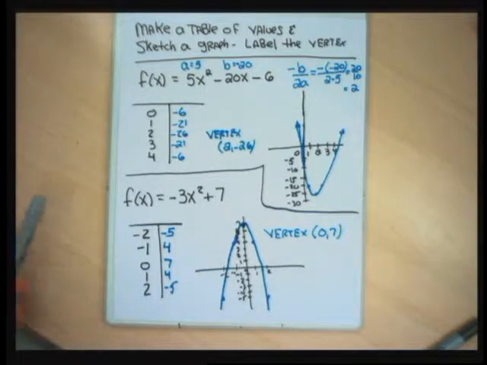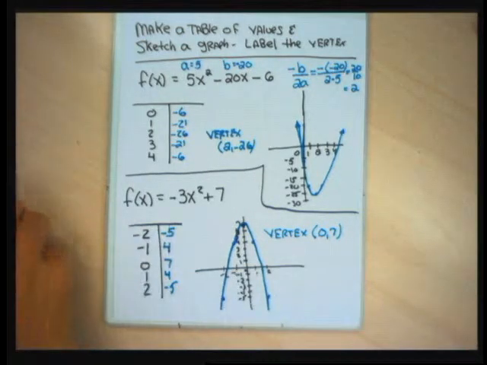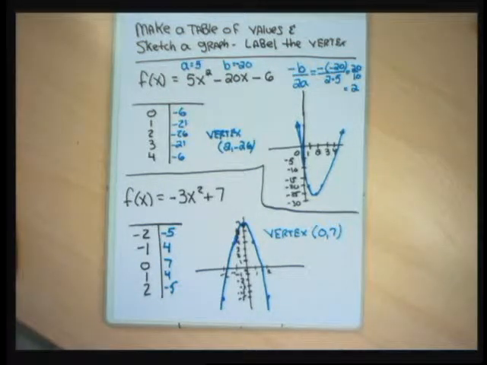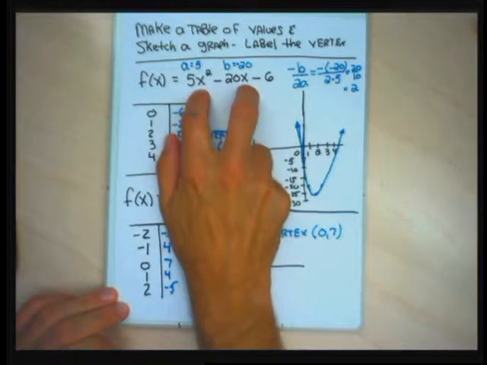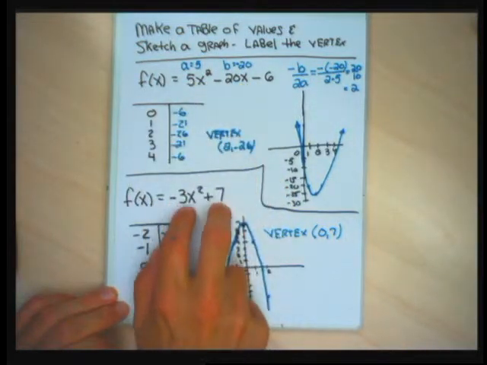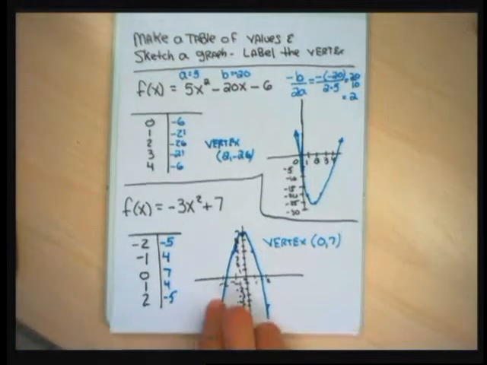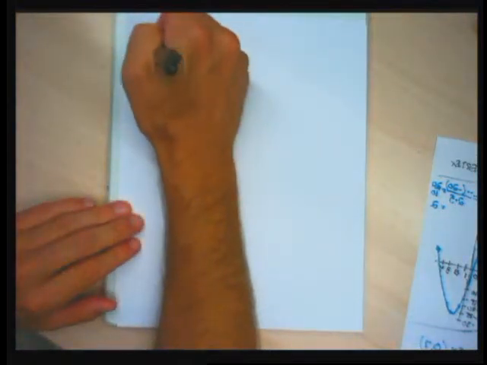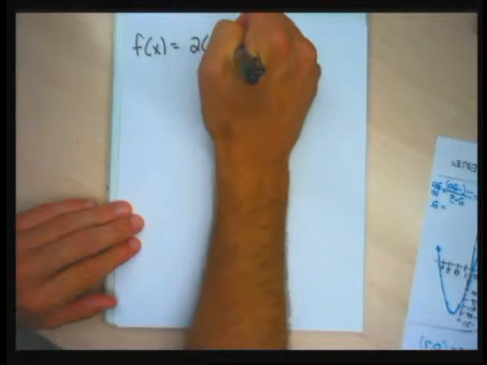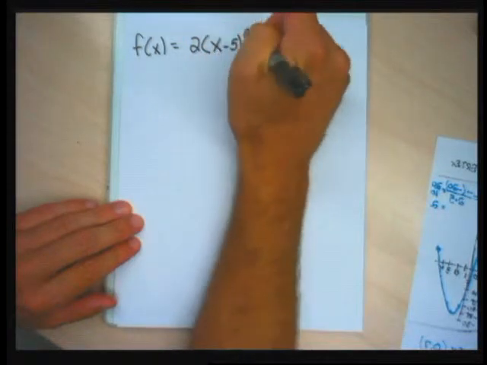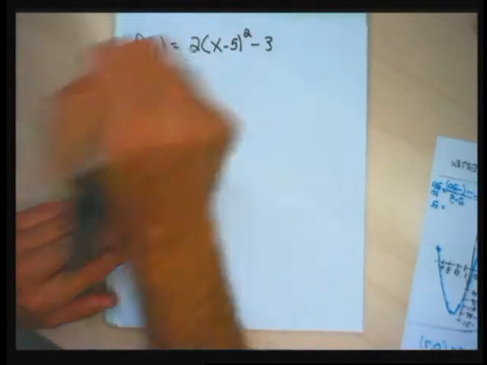So there's one more style of problem that we had in section 5.3. The third style that was presented in the section had the two x terms. The first style had the one x term, and the middle style when we did section 5.3 was the one that had the parentheses, something like this: f of x equals 2 times x minus 5 squared minus 3.